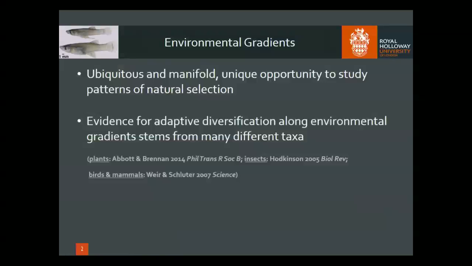And so there's quite a bit of evidence now from various different taxa, from plants all the way to birds and mammals, that organisms often respond with adaptive diversification along various different gradients.